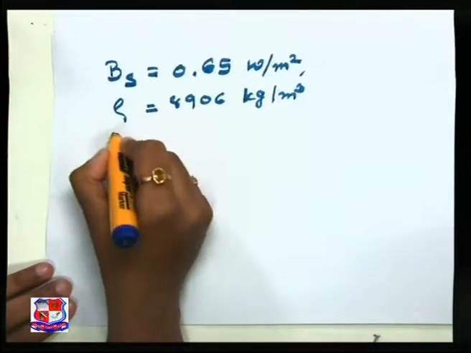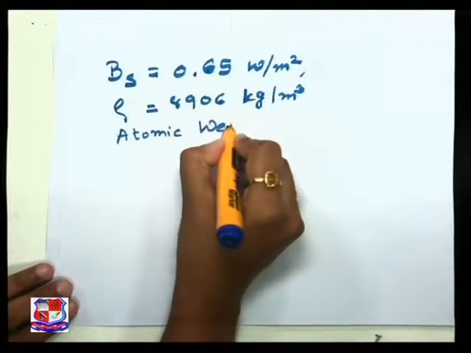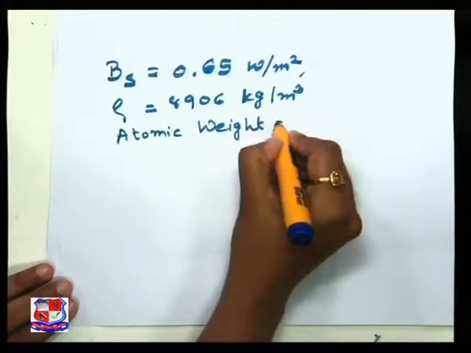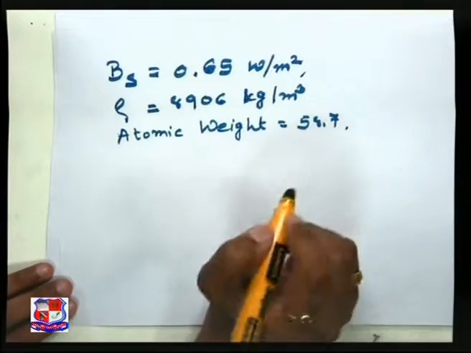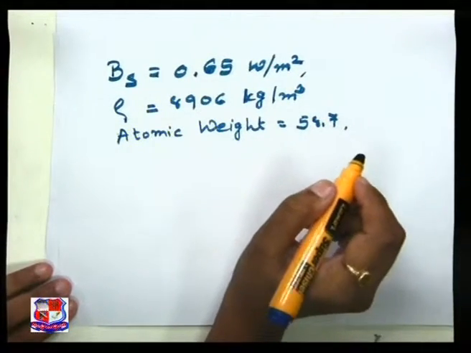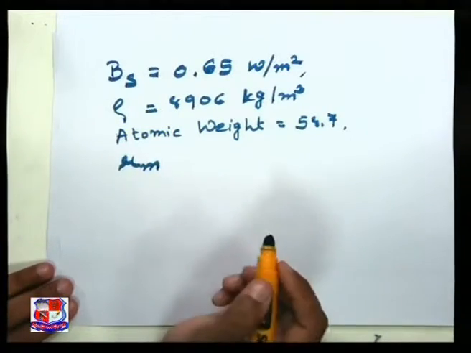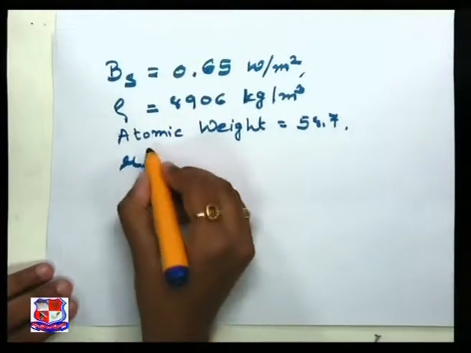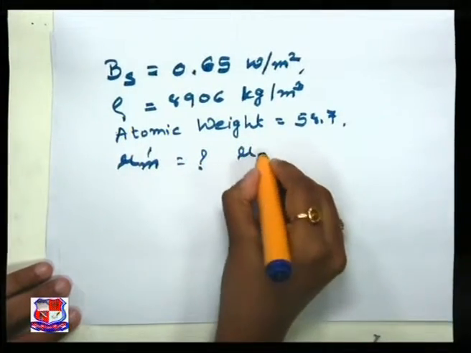What is the atomic weight of nickel? The atomic weight of nickel is 58.7. And what we have to find out? We will have to find out the magnetic moment of the nickel atom in Bohr magneton. That is our question.